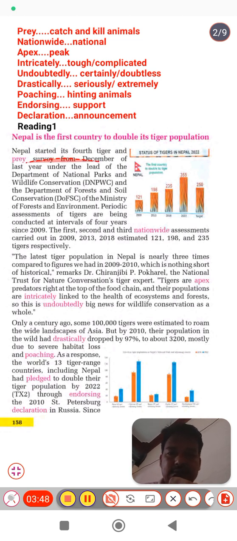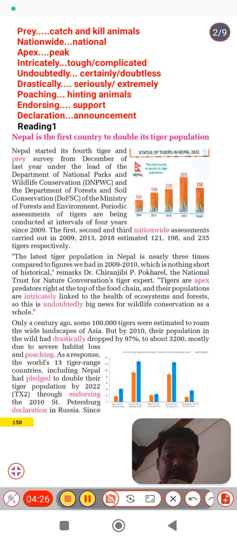And we have the text that begins from here, and here we start now. Nepal started its fourth tiger and prey survey from December of last year under the lead of the Department of National Park and Wildlife Conservation, that is DNPWC, and the Department of Forest and Soil Conservation, DoFSC, of the Ministry of Forest and Environment.